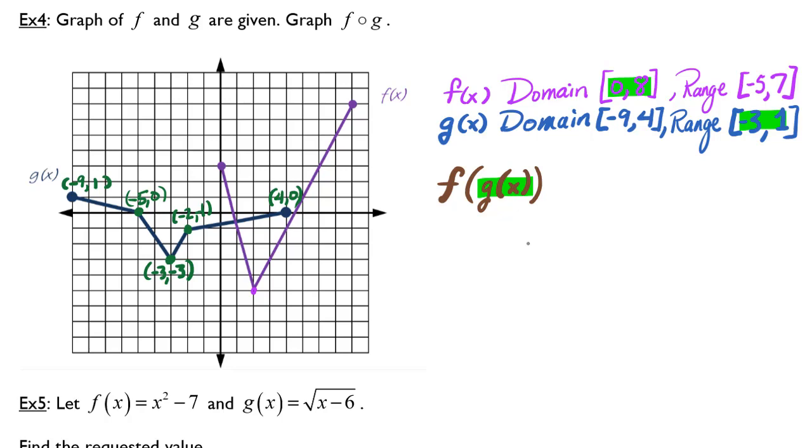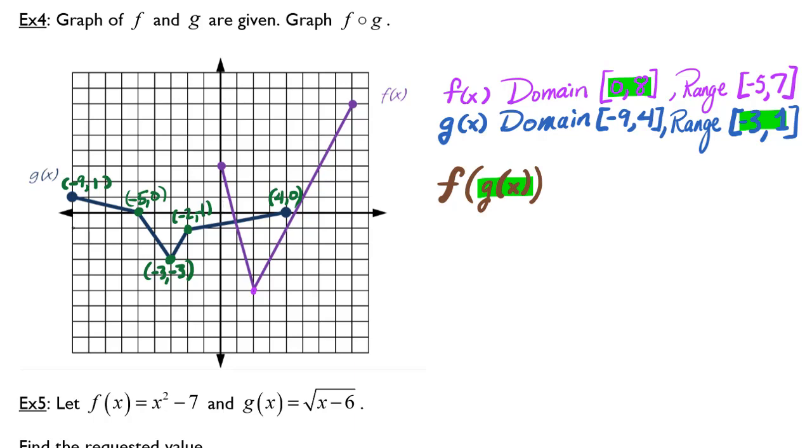Now remember, our outputs of g of x have to be in the domain of f of x. What that means is my range goes from -3 to 1. The only values that can be outputs in g that can go into the domain of f of x are when the outputs are greater than or equal to 0.